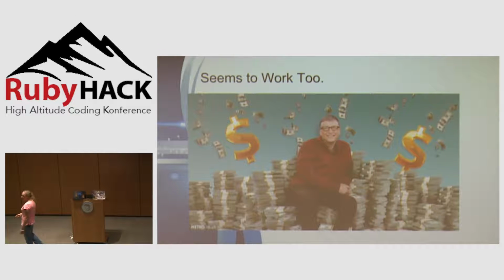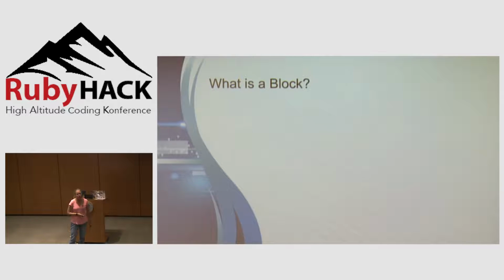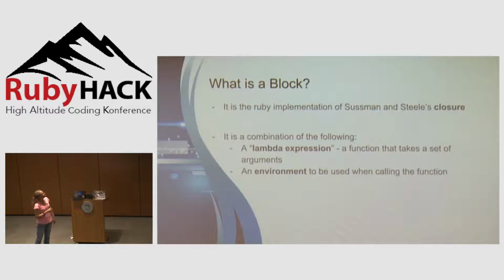Now, at this point, I realized if I was going to understand what was going on in my RSpec example, I needed to understand the underlying mechanisms of what makes blocks so powerful in Ruby. And so the first question we can ask, of course, is, what is a block really? Well, it turns out that a block is Ruby's implementation of Sussman and Steele's closure.